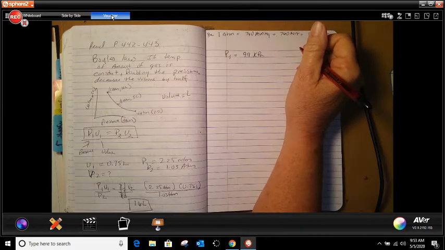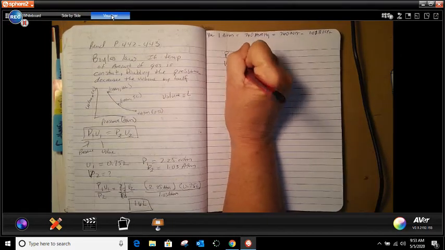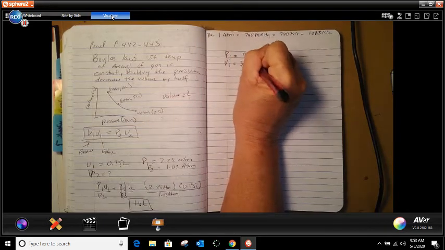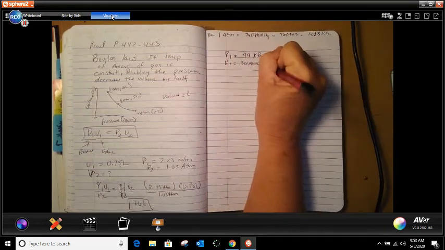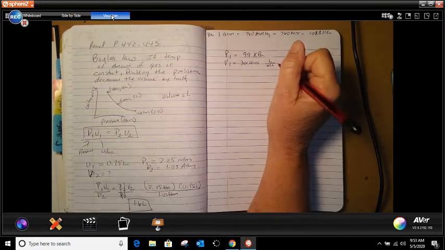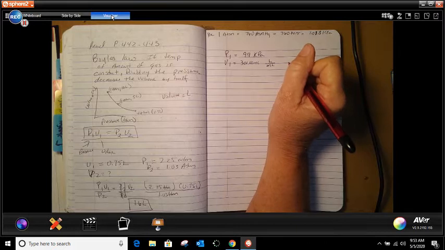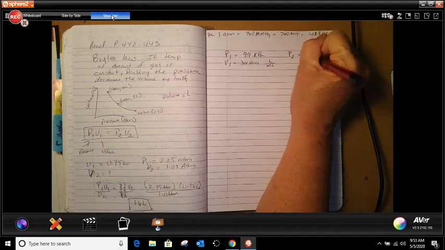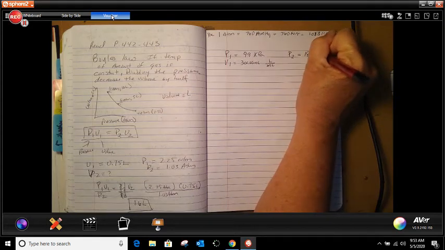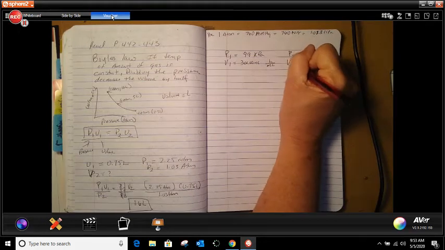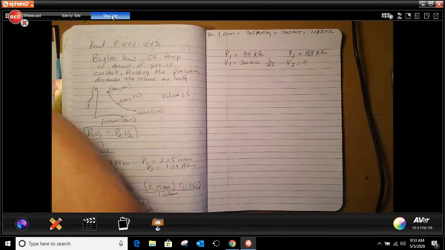So that means my volume 1 equals 300 milliliters. But I need to change my milliliters to liters, right? So I'm going to have to change that in a few minutes. If the pressure is increased, so my pressure 2 equals 188 kilopascal, what is my new volume? Volume 2 equals question mark.